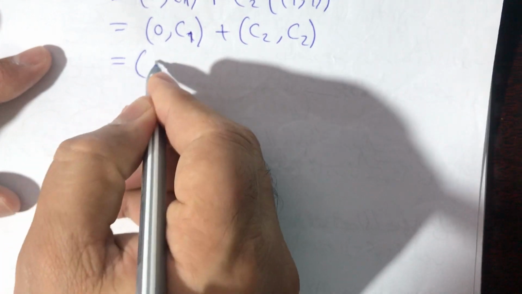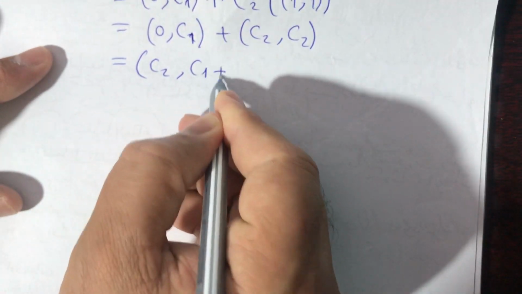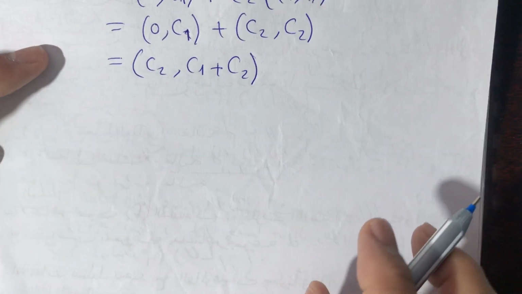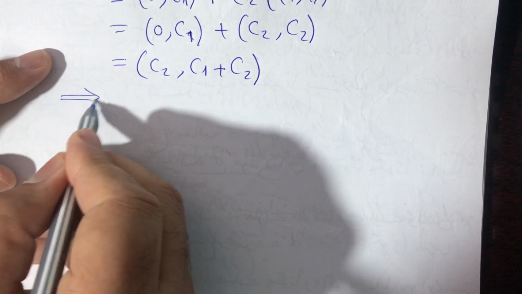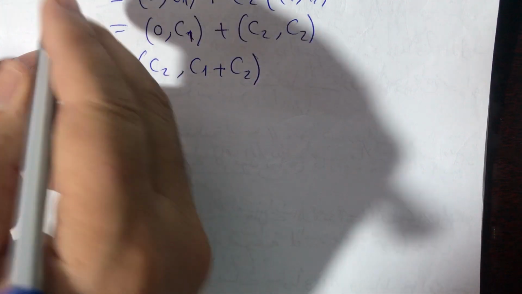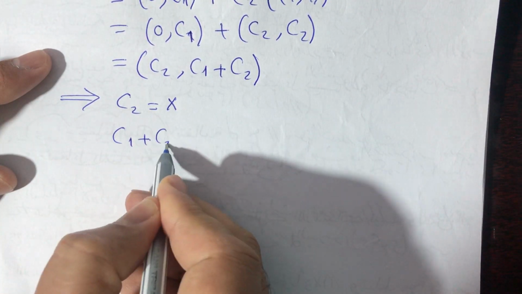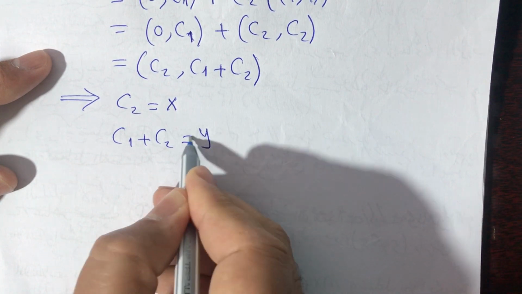This will be C2, C1 plus C2, and now we get from this equality: C2 equal x, and C1 plus C2 equal to y.